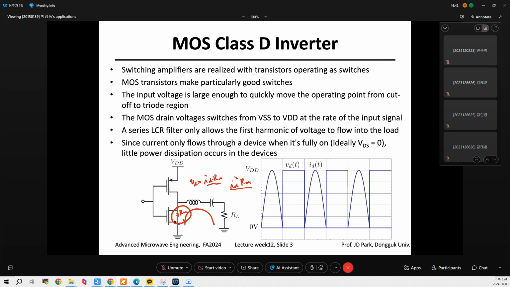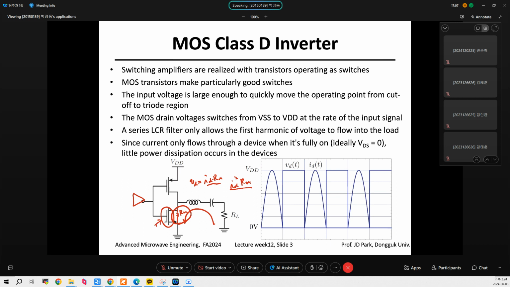Okay. So in order for us to reduce the on resistor, we need to make the device size quite large. However, if you make this device size quite large, that means we need more power to drive this output stage. This is not free. There is no free lunch.